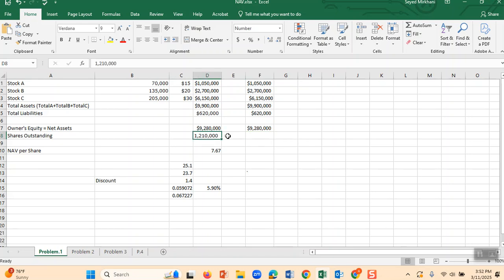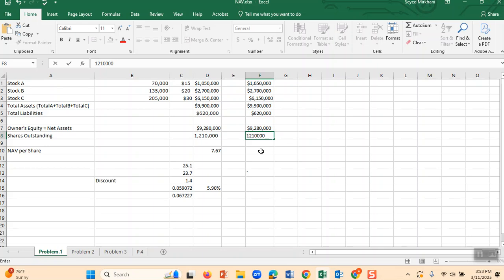And these are the number of shares that I wanted to sell, or the number of shares we have. Some people might have 10 shares, some students might have 20 shares, and we want to know how much each share is, therefore we put the number of shares here, 1,210,000.